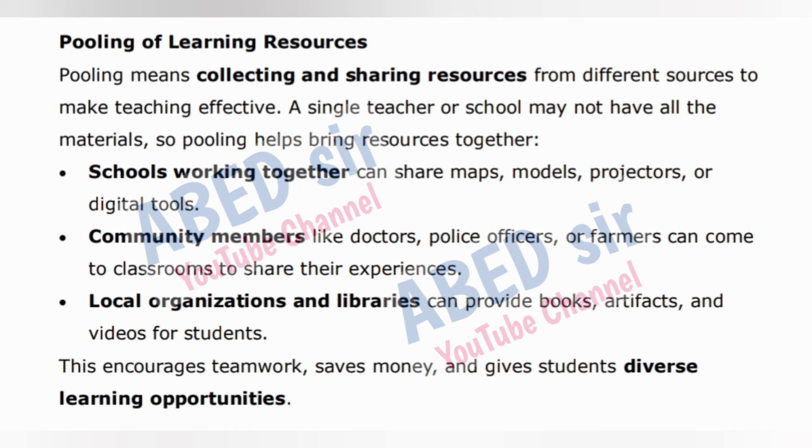Pooling of learning resources. Pooling means collecting and sharing resources from different sources to make teaching effective. A single teacher or school may not have all the materials, so pooling helps bring resources together. Schools working together can share maps, models, projectors, or digital tools.